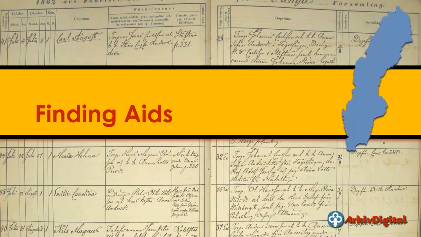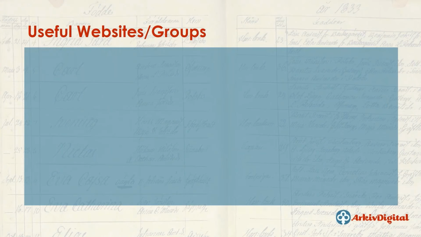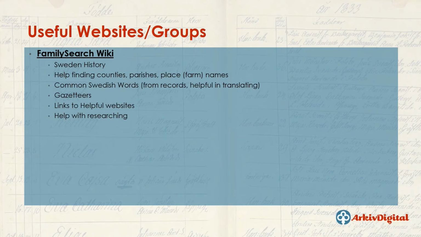So now when you're looking through these books, I want to point you to some finding aids that will help you with your research. Some great websites or groups that I'll show you, and I do have links to these inside the handout. So the FamilySearch Wiki is going to be your best friend when doing Swedish research because it will give you information such as the Sweden history.